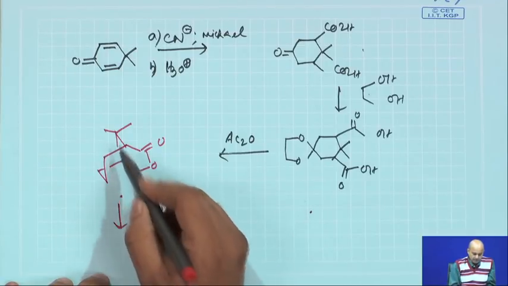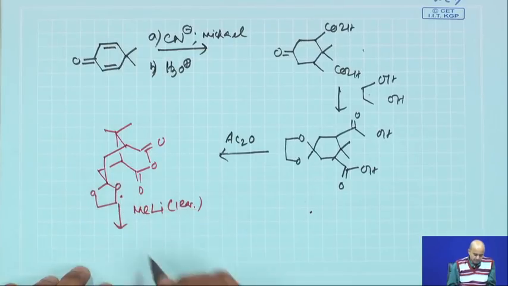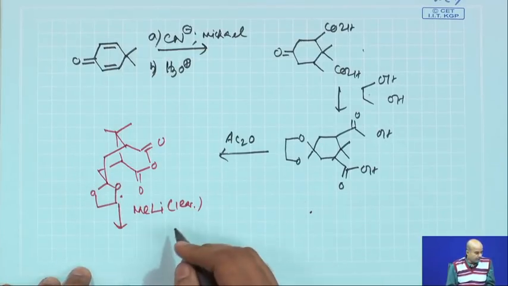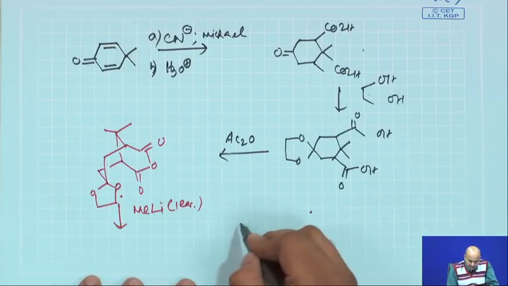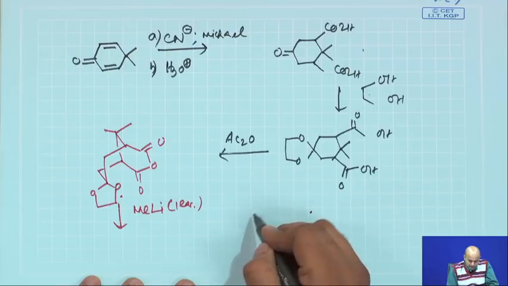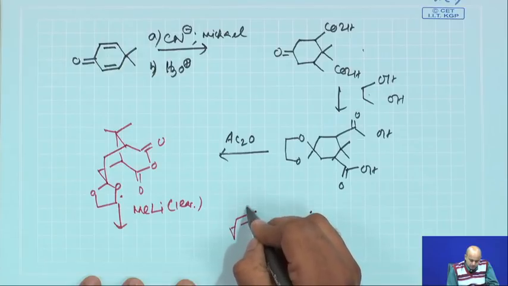It is a symmetrical anhydride. So, it will react with 1 equivalent of methyl lithium and it will give you the corresponding ketone. Now, draw the structure of this molecule.